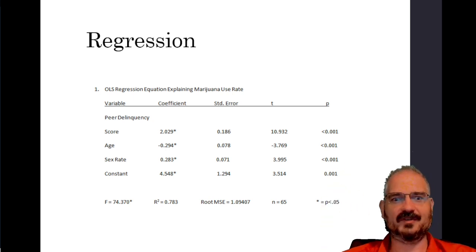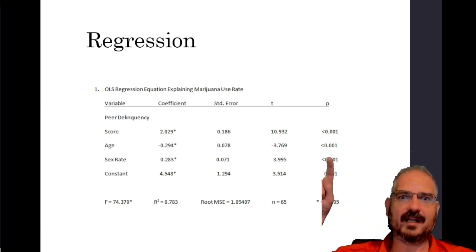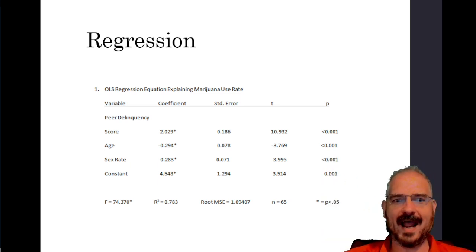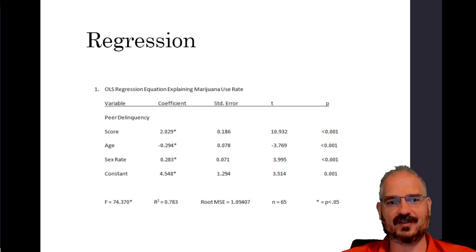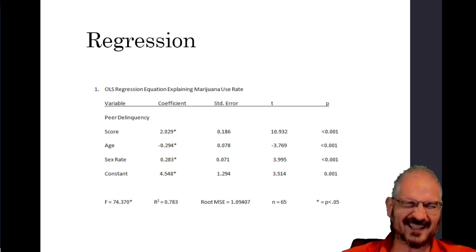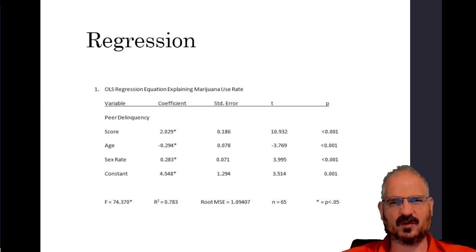So all that's telling you is that for a theoretical zero value of x, where does this line you've drawn hit the y-axis? So every OLS equation is going to have a constant there. I've even seen it sometimes just not reported because it's relatively difficult to interpret and doesn't really matter as much as all those other ones, right? So remember, we have our dependent variable here is marijuana use.